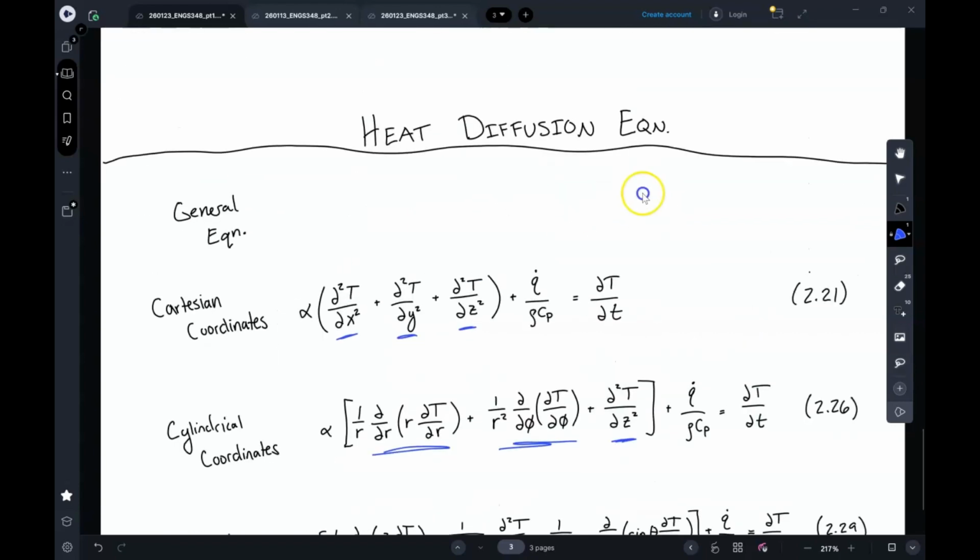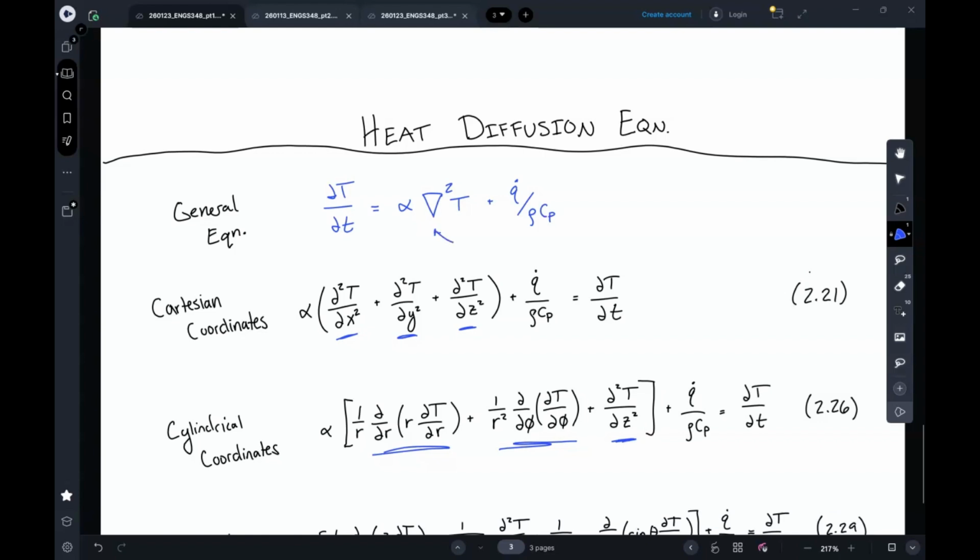They all are essentially different forms of just a more general equation, which we can write like this, where the partial derivative of temperature with respect to time equals the thermal diffusivity times upside down triangle squared temperature plus Q dot over rho Cp.